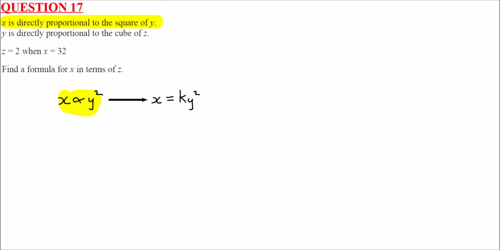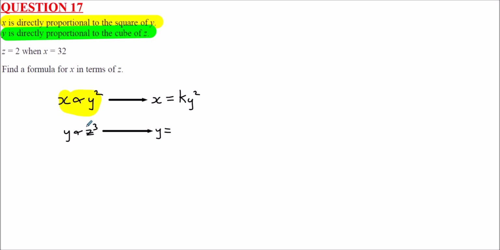The next one is that y is directly proportional to the cube of z. So that means that y is directly proportional to z cubed. So in the same way as before, we can replace the fish with an equals sign. So we say y equals, and then we take some letter, which is a constant, and multiply by whatever came after the fish.